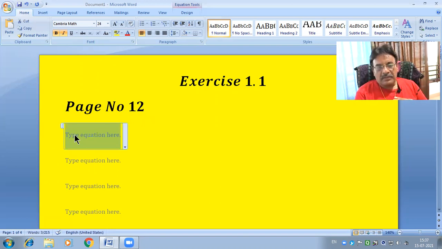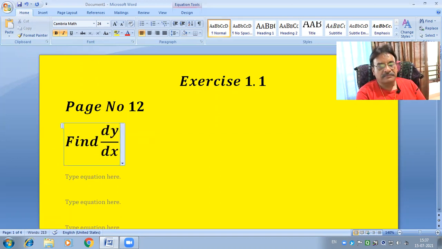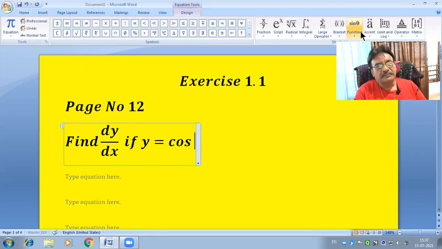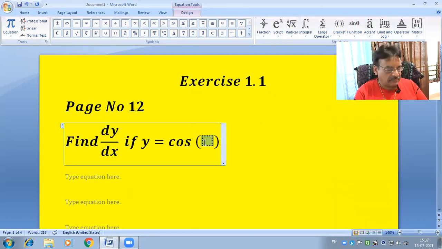Problem number 1 is: find dy by dx if y is equal to cos of (x square plus a square).